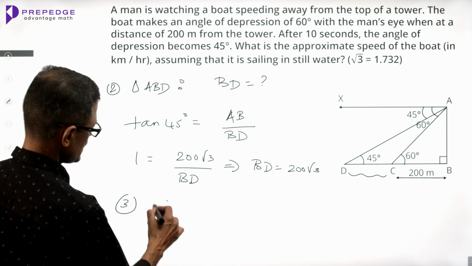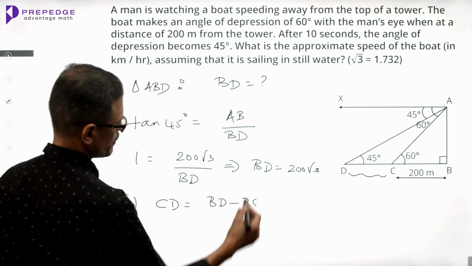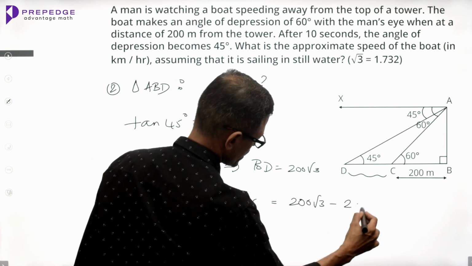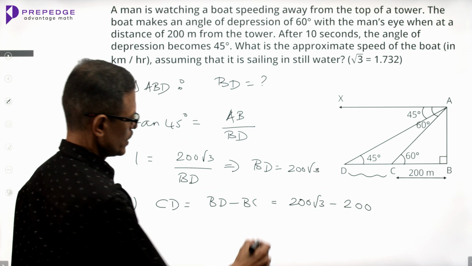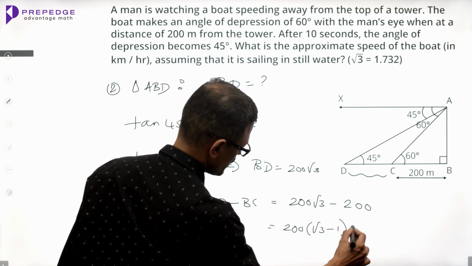Now step 3: we'll compute the distance covered by the boat in 10 seconds. CD is equal to BD minus BC. BD we just found, 200 root 3, and BC is given in the question, which is 200. So this is 200 into root 3 minus 1 meters.